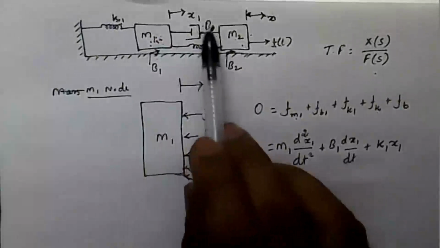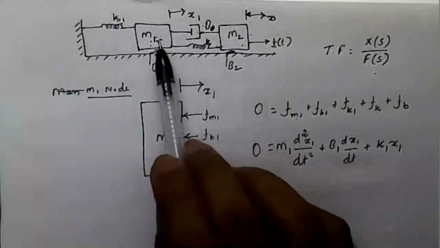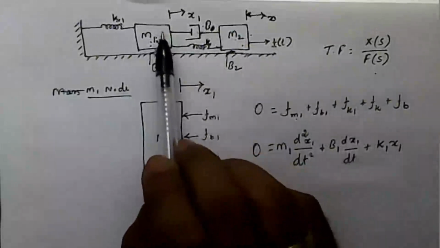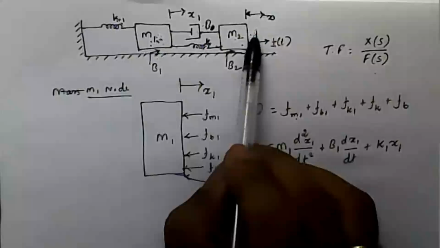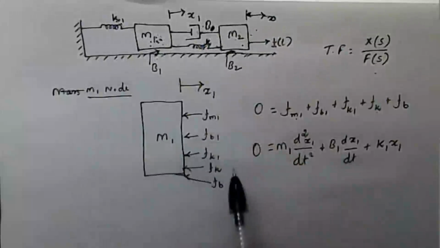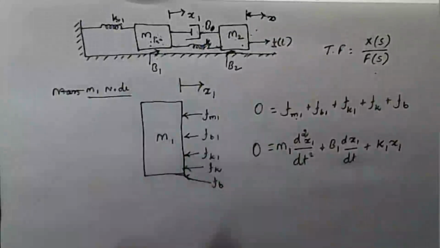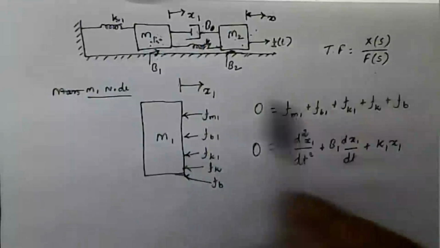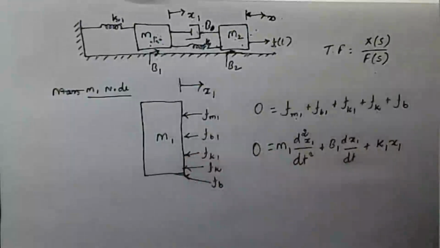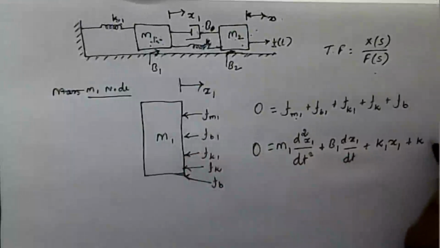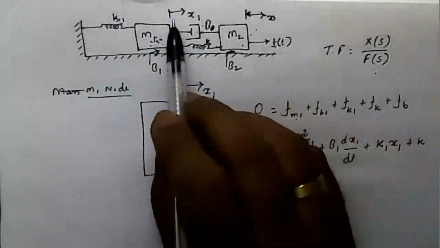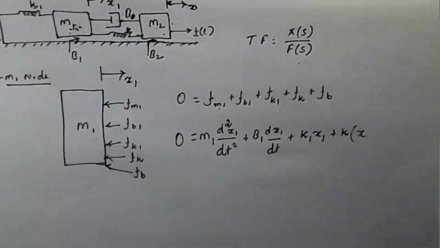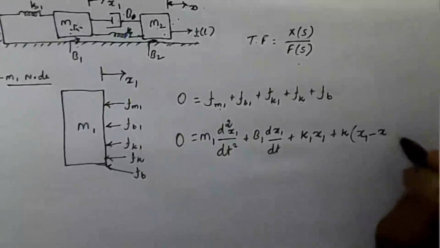B and K are connected between M1 and M2. So the displacement is the first node displacement minus the second node displacement. The M1 node displacement is calculated first, minus the other node displacement: plus K times (x1 minus x).